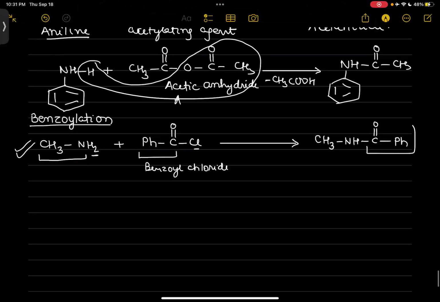This is the benzoyl group. Clear to everyone? And it has a name.